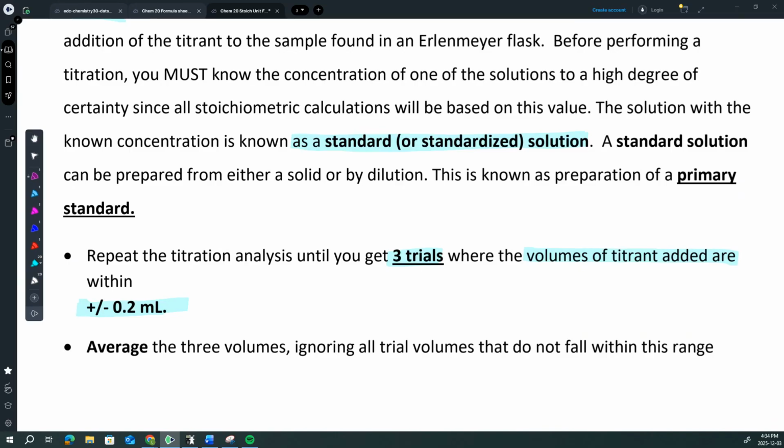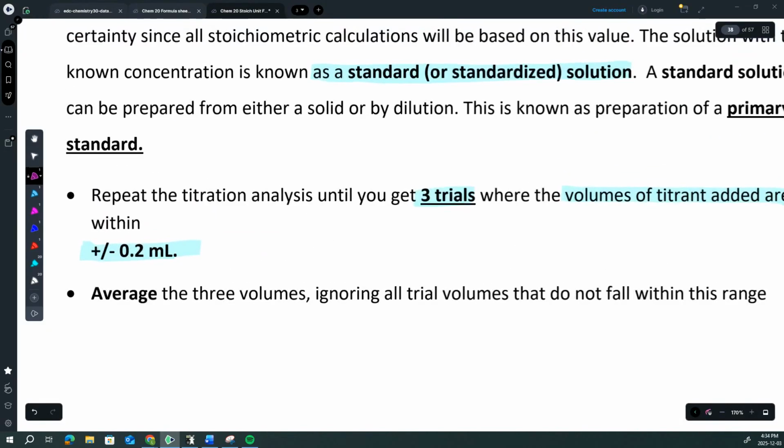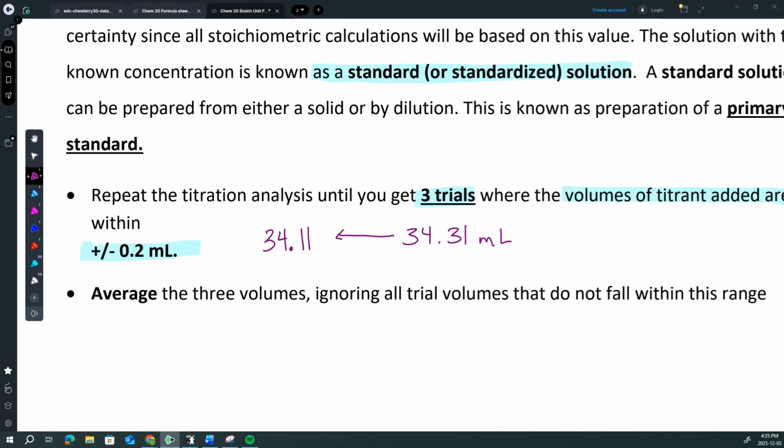So for example here, let's say we added enough titrant so that for one trial, we added 34.31 milliliters of titrant. So we would need to get 3 trials that are within or from 34.11 milliliters, and we could go all the way up to 34.51 milliliters.